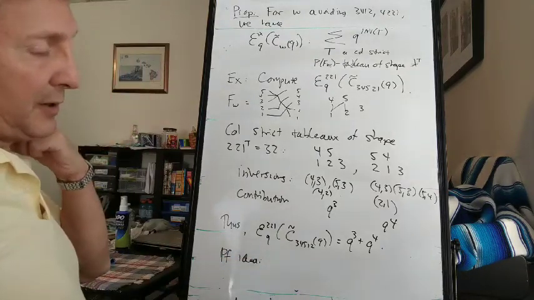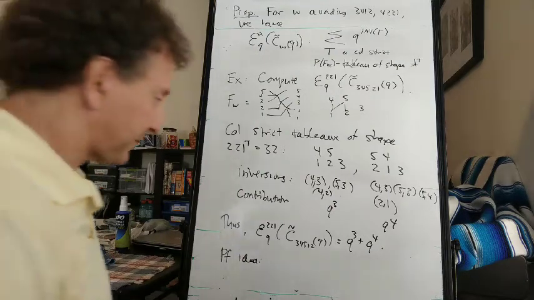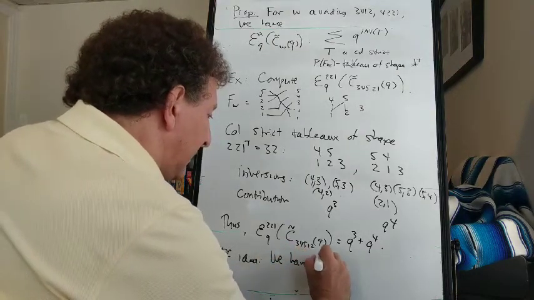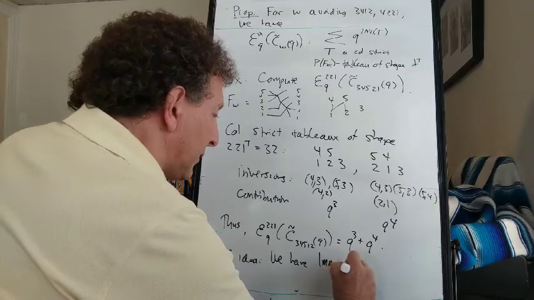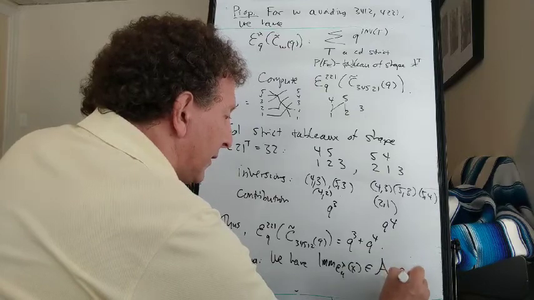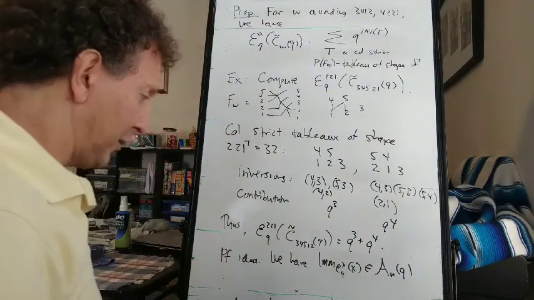Now the proof is a little bit tedious to do all the details, so let me just give you an idea. It involves immanants, the quantum version of immanants that live in the quantum matrix bialgebra A_q. So the variables x are not commuting anymore.